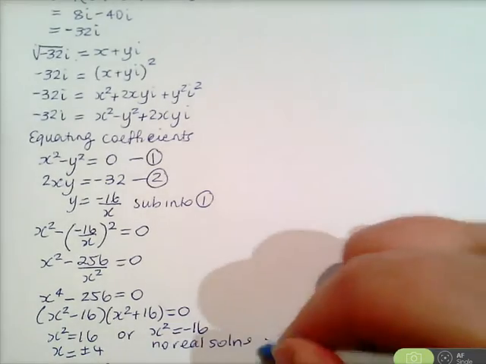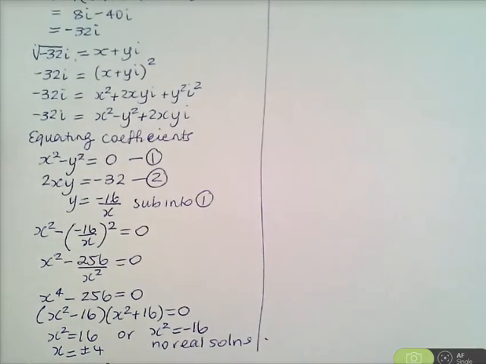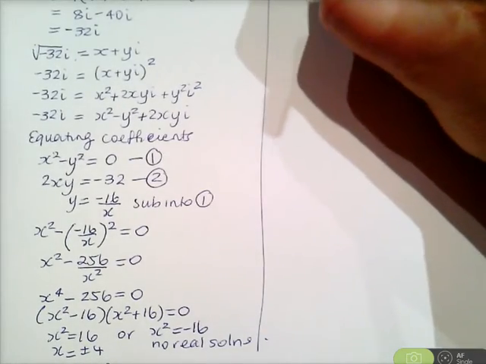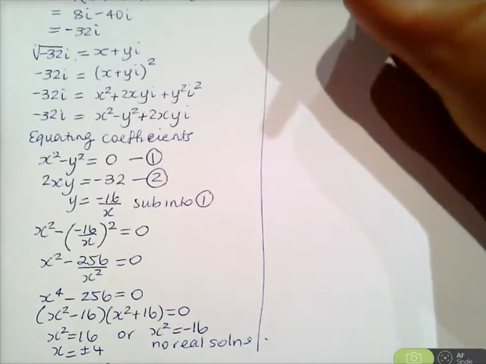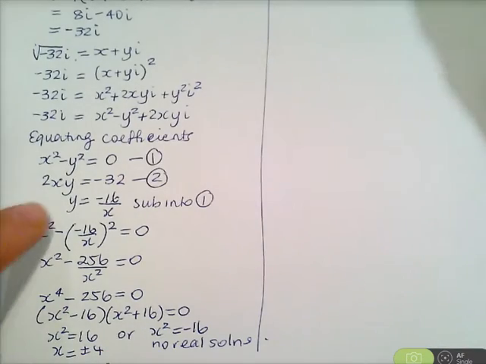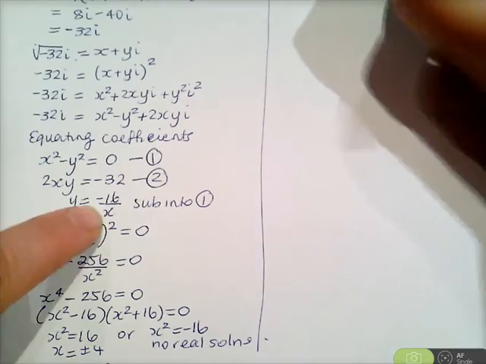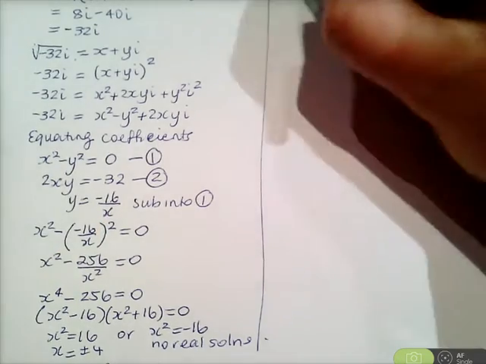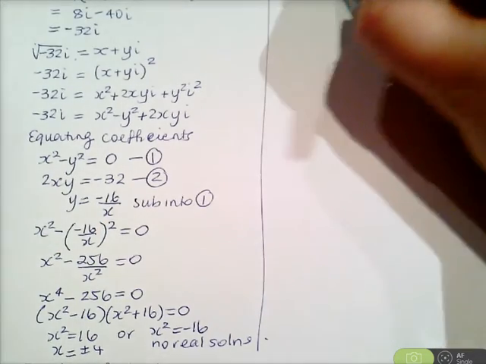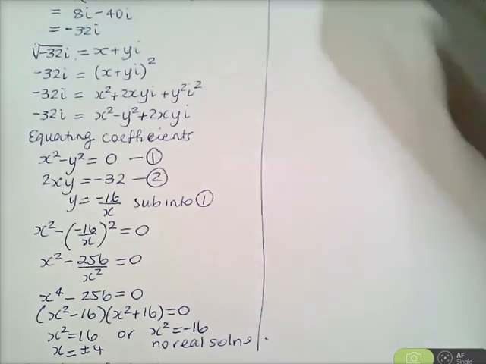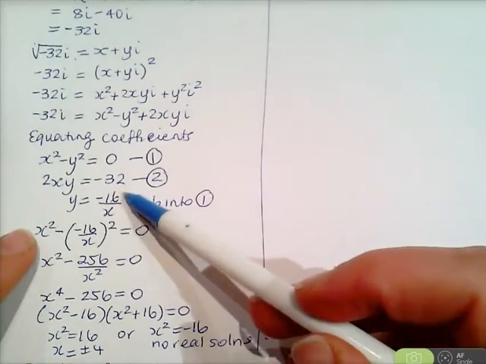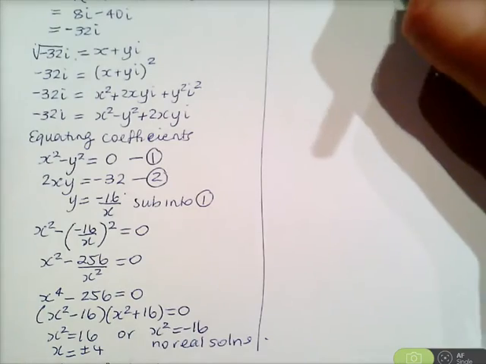Okay, now you can continue. Right, you still have to find your y values. So when x is positive 4, from down here, we get that y is negative 16 on 4, which is negative 4. And when x is negative 4, we get that y is negative 16 on negative 4, which is positive 4.